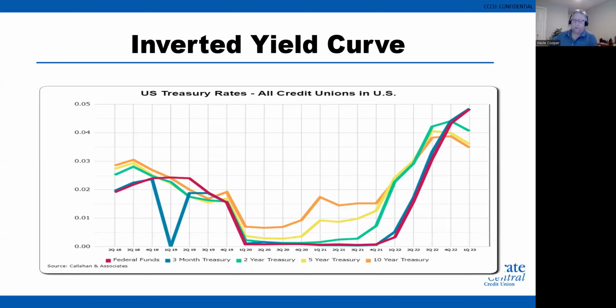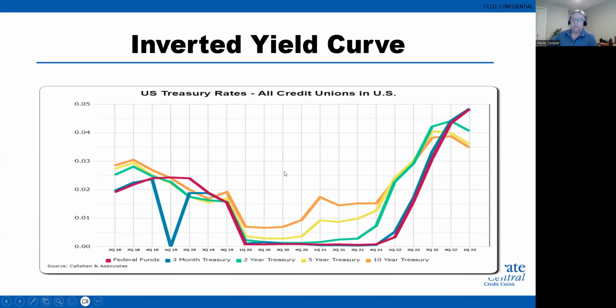I want to talk about the market first, and then briefly about the interest rates and some other things, but more so the effect on the credit union industry, and specifically liquidity, because when I talk to credit unions on a daily basis, the conversation is about liquidity. So let's talk about how we got here.